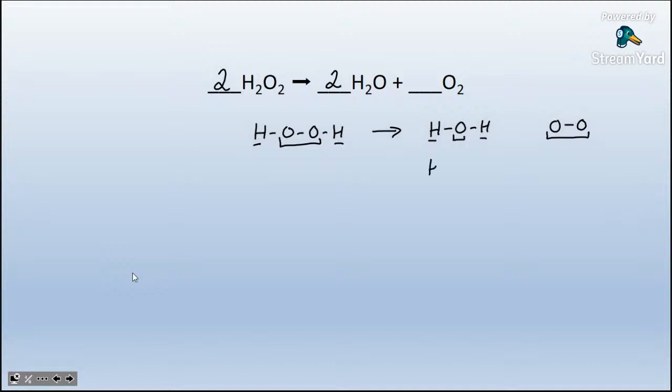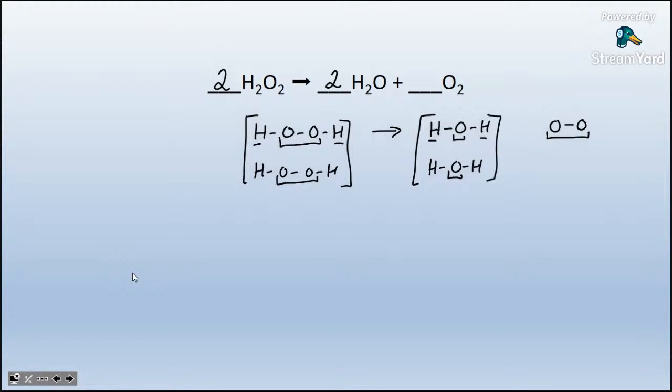So by adding in a second water, I now have my 4 oxygens, and by adding in a second hydrogen peroxide, I would have my 4 oxygens, but also my 4 hydrogens and my 4 hydrogens. And they will ask you to draw this out in picture form. And if that helps you, then do so.